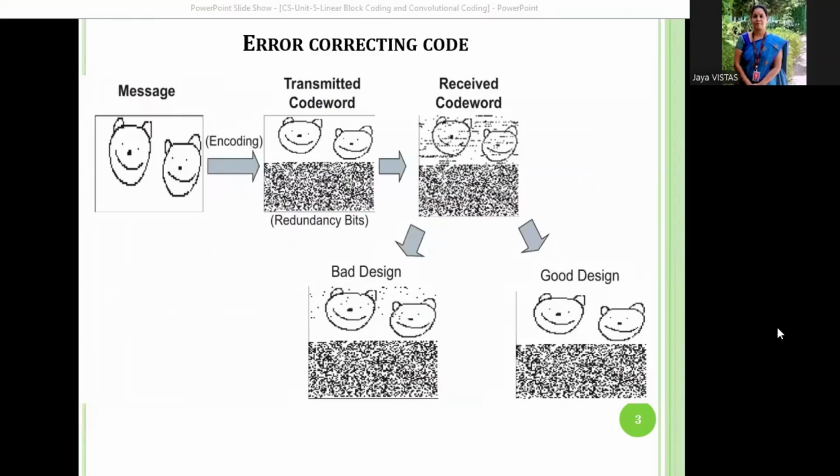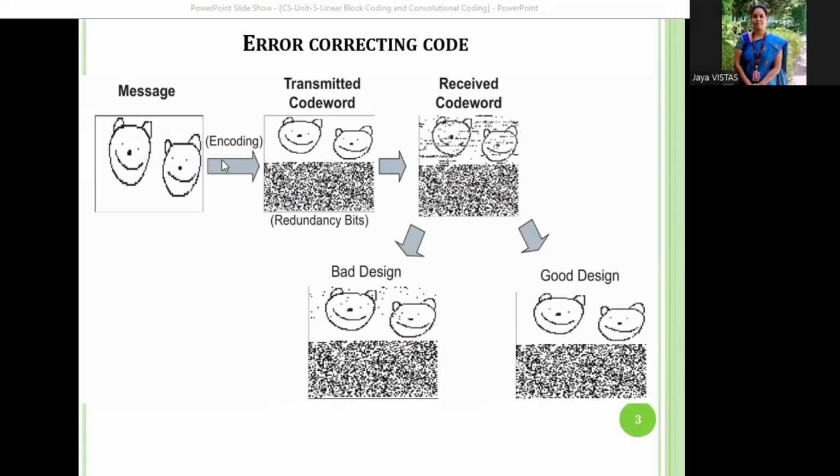How do we correct the error using an error correcting code? See this figure, which clearly shows it. The first one is the message, the correct original information. After that we encode this original message information bits, and then it is transmitted.